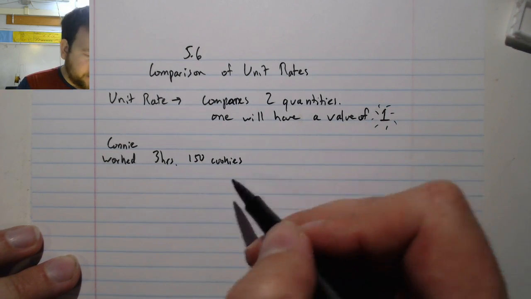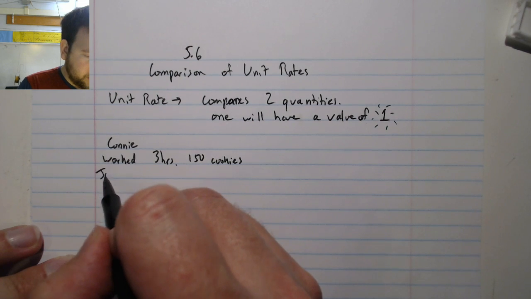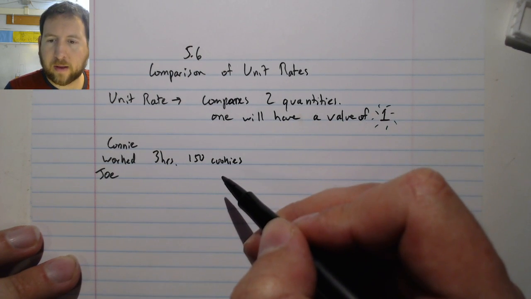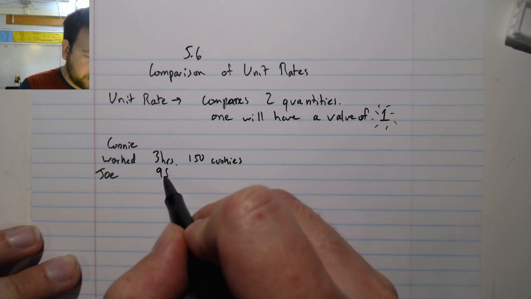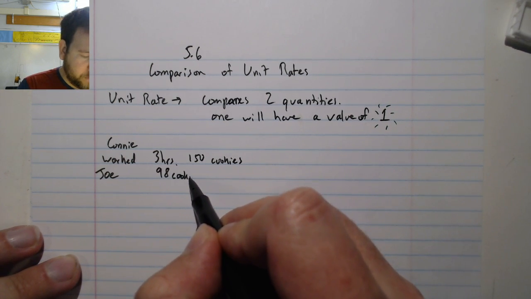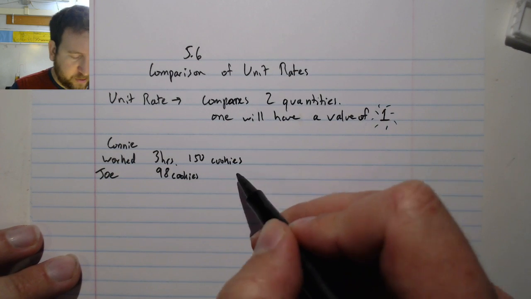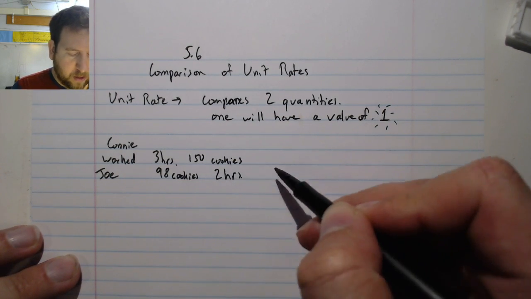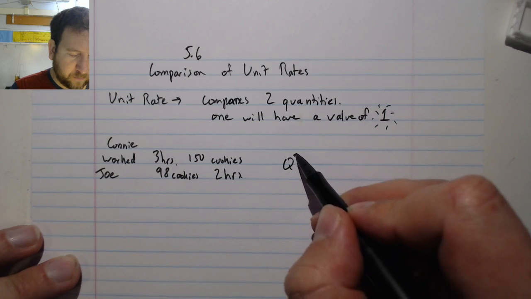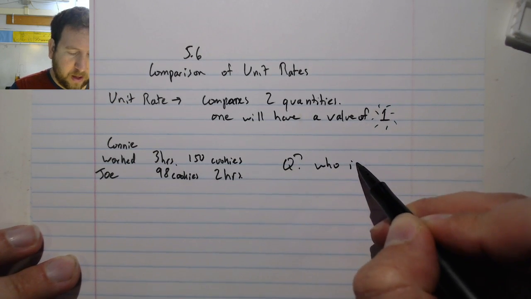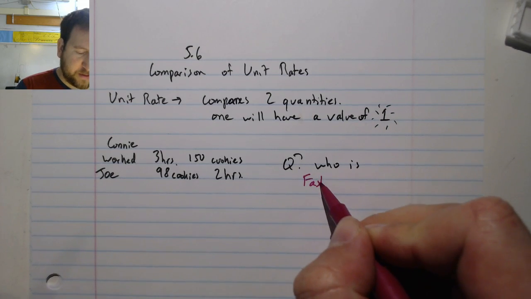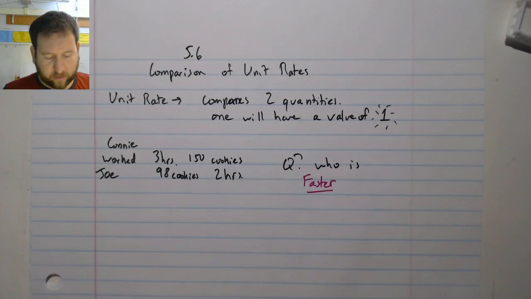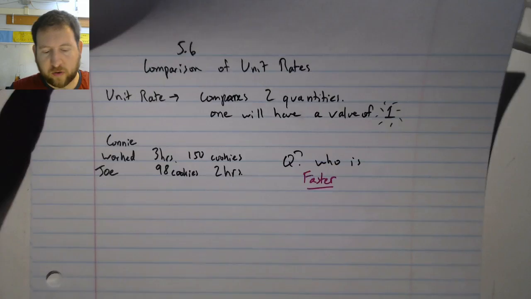We also have Joe, and Joe made 98 cookies in 2 hours. So the question is, who is faster? And in this case, we're going to be using our unit rates to compare them.